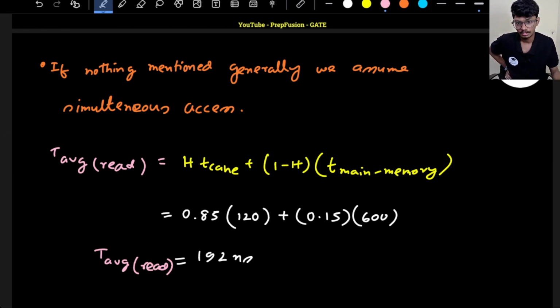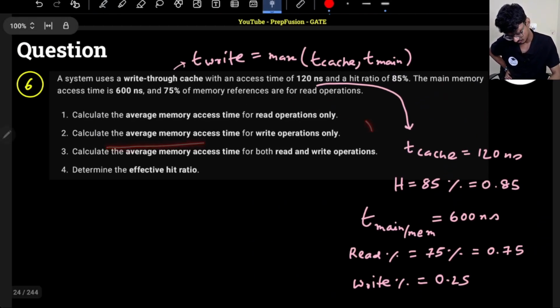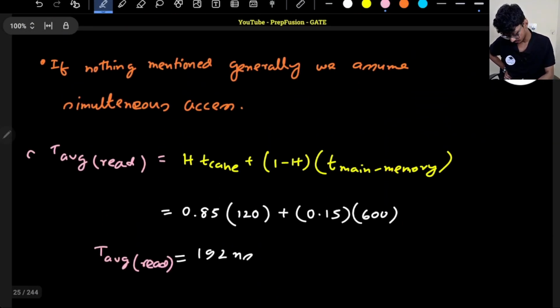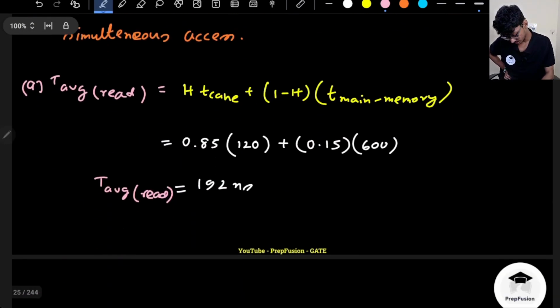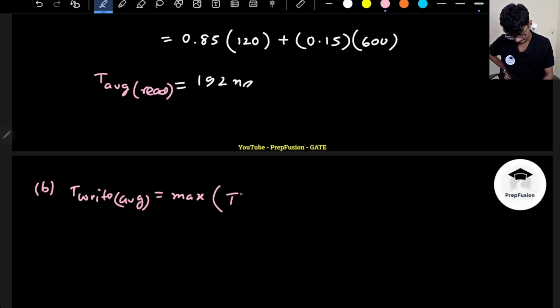Now let's understand the next one. Calculate the average memory access time for write operations only. As we are using write through cache, it will be very easy, right? For write through cache, T write average will be the maximum of T cache, T main memory.